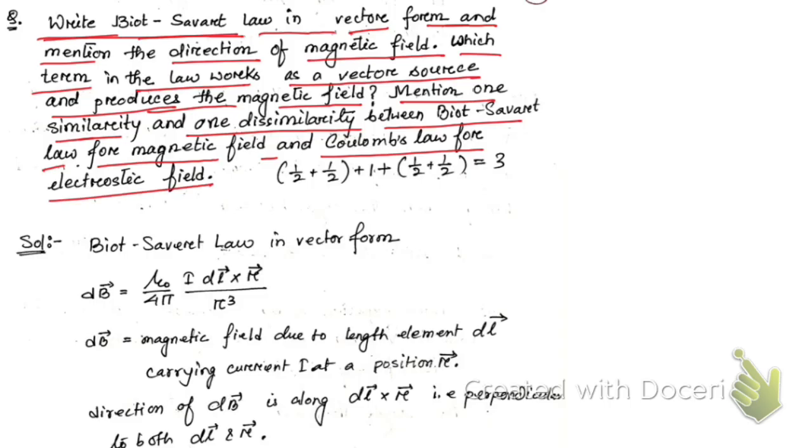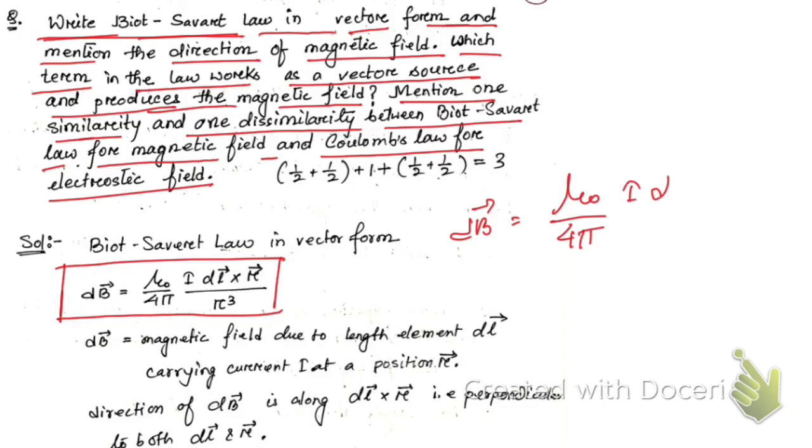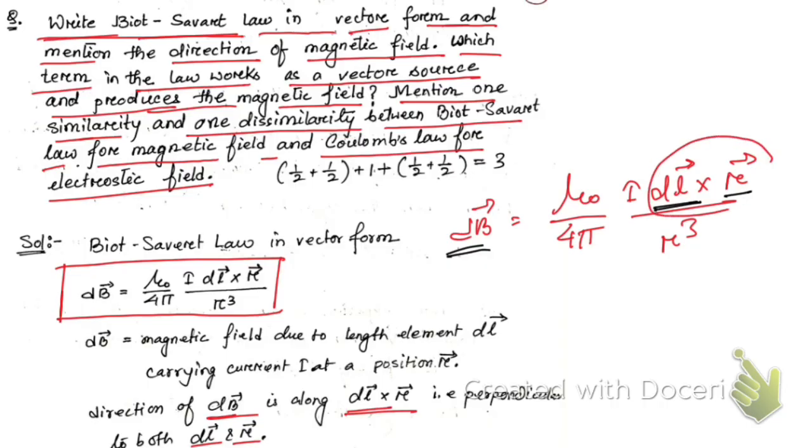So here you see, this is the Biot-Savart law in vector form, which is dB is equal to mu naught by 4 pi times I dl cross r vector divided by r cube.